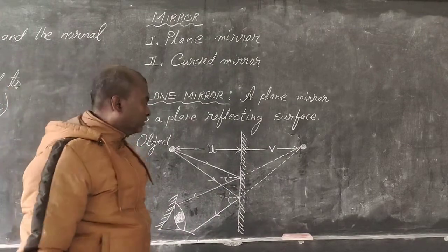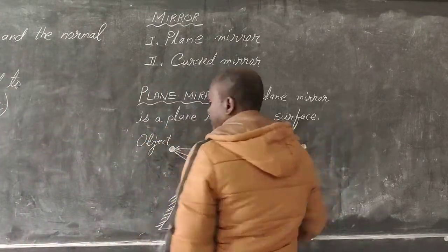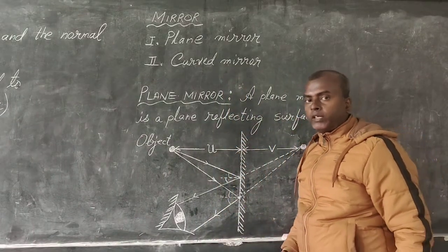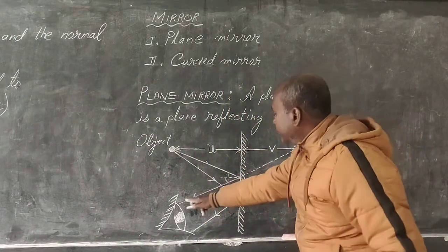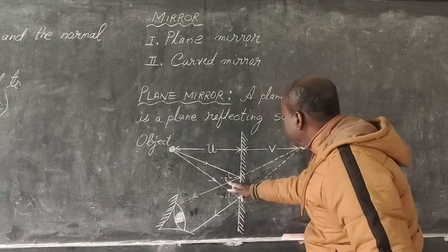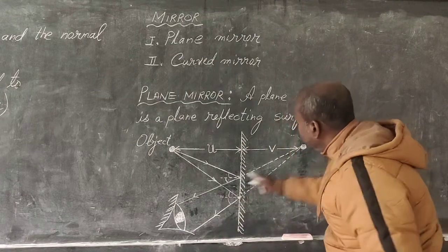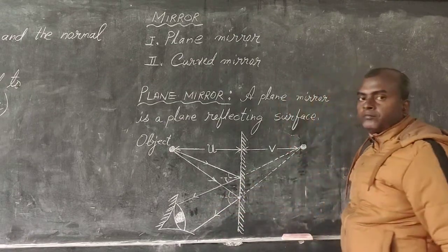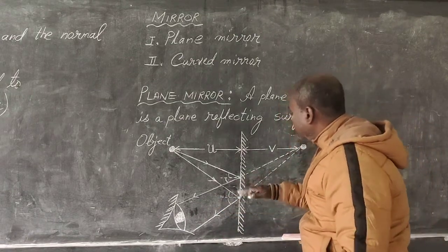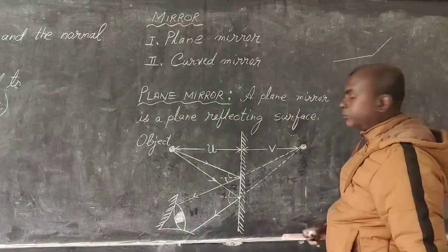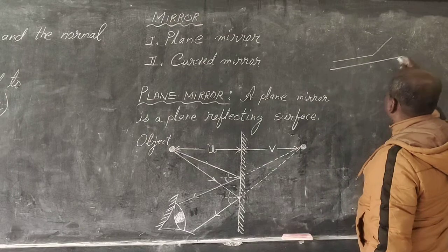Now the next step is to pull these rays backward. You will need a scale for this. If you draw with free hand, it won't help. Now taking a scale, prolong these rays backward, this one also. Make sure that the lines are straight. It shouldn't be like this. No, it should be one straight line.